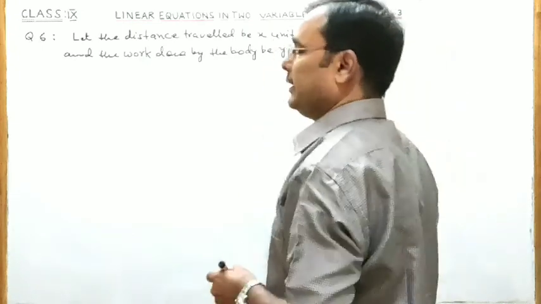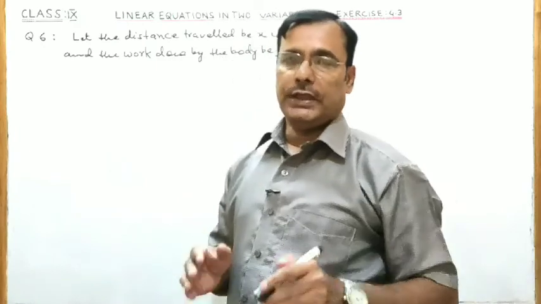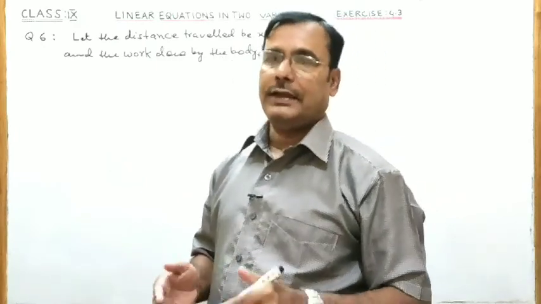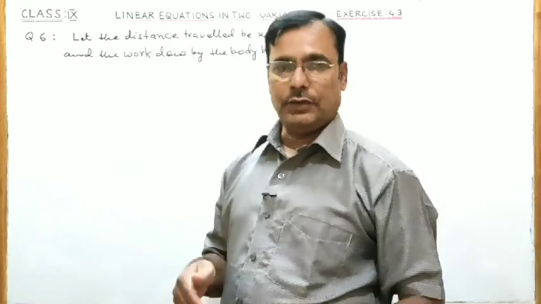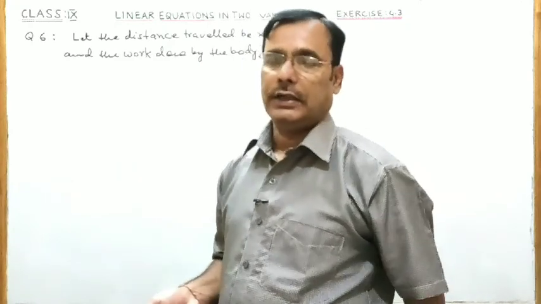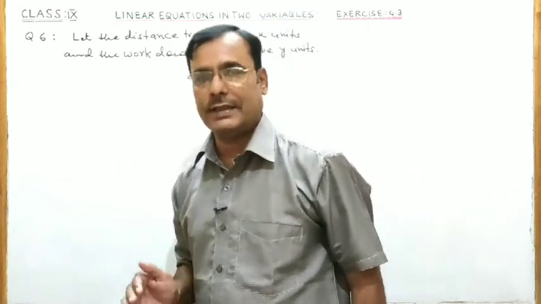Here we are not considering the proper units for distance travelled and the work done, because unit of work done will depend on the unit of force and the distance travelled.